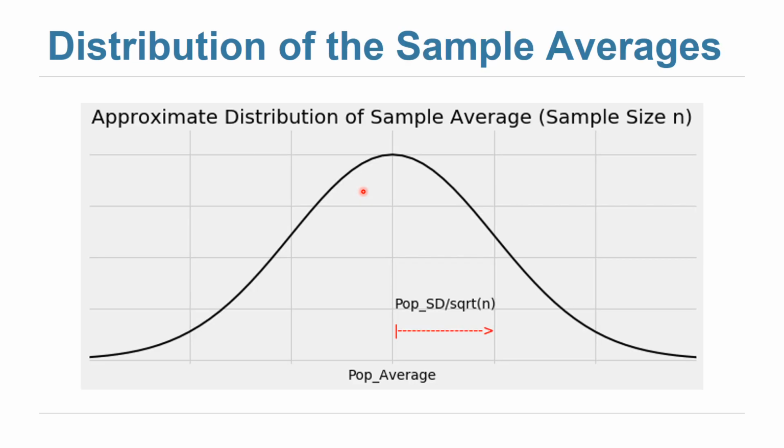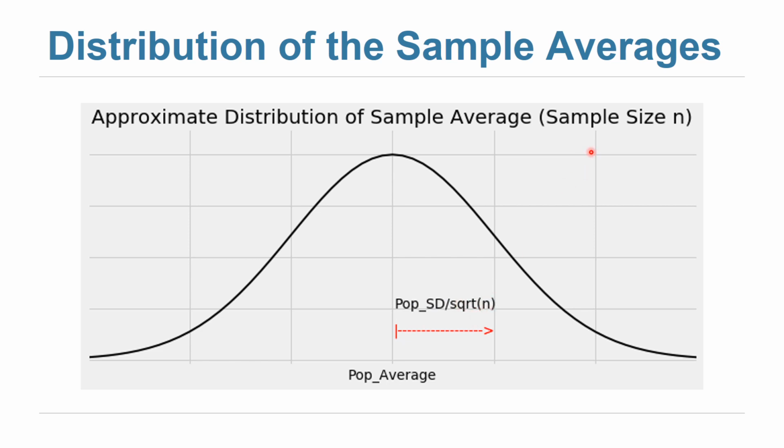So recall from previous lectures that we talked about the central limit theorem, and the central limit theorem told us that if we take the sample and we computed the sample average, then the sample average comes from a normal distribution where the average of that distribution is the population average, and the standard deviation of that distribution is the standard deviation of the population divided by the square root of the sample size.